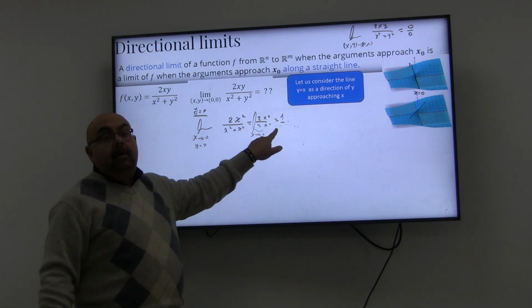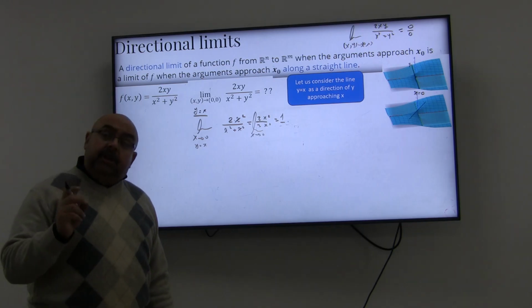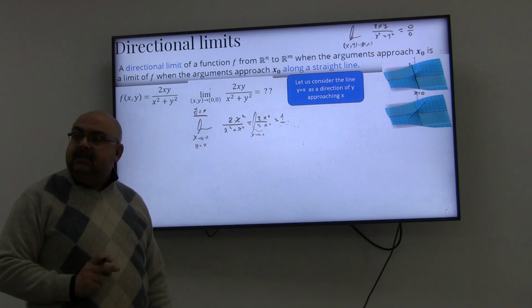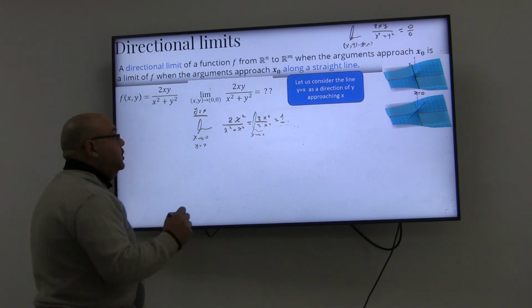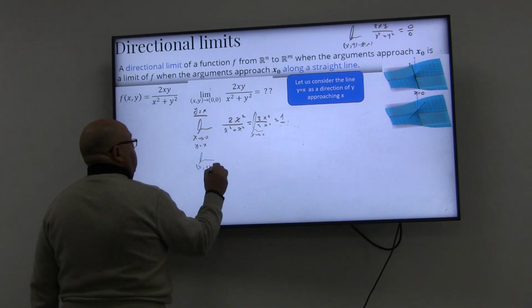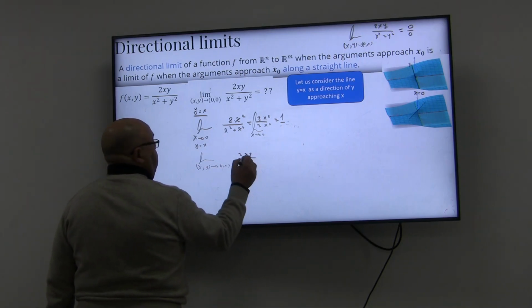came out as what? 1. Okay, what if I tried to reach the origin by the y-axis? What's the equation of the y-axis? Look, take the limit of x and y to 0 and 0 for the function 2xy divided by x squared plus y squared.